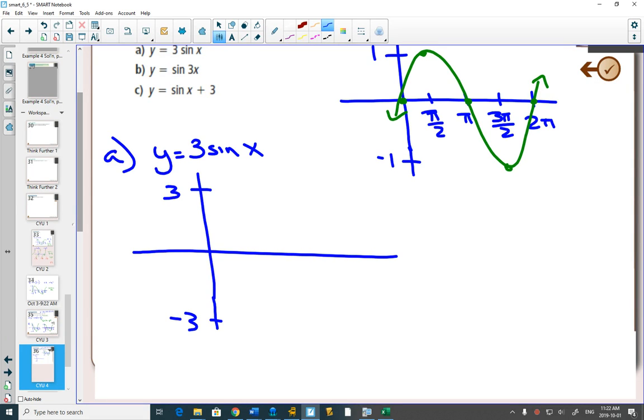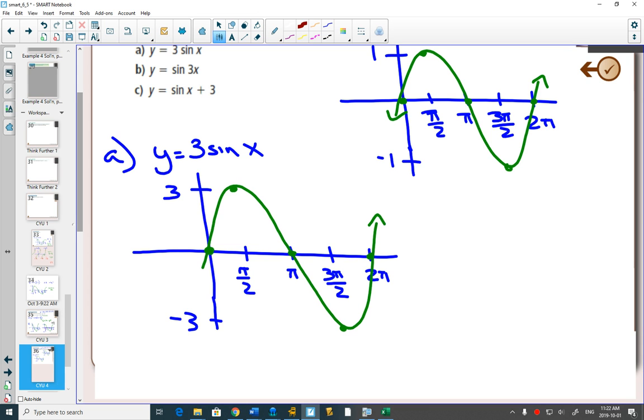My period is still 2 pi because there's no b value changing my period. A sine graph starts in the middle going up. And now we have an amplitude of 3.